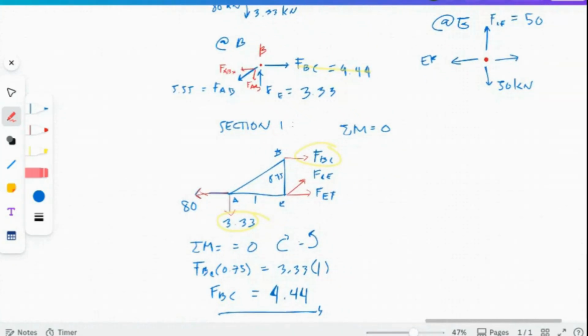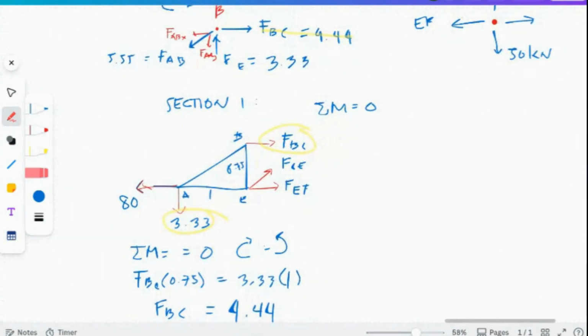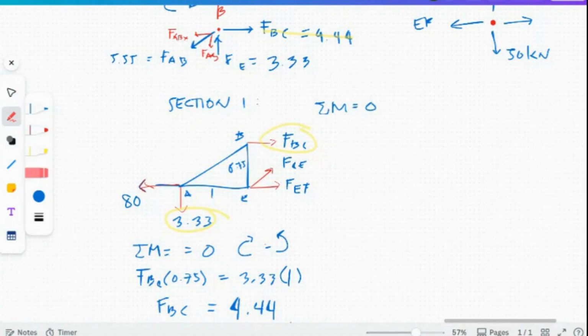Next, look for another one that could yield at least one more unknown. So we look at perhaps where FBC and FCE meet, right?